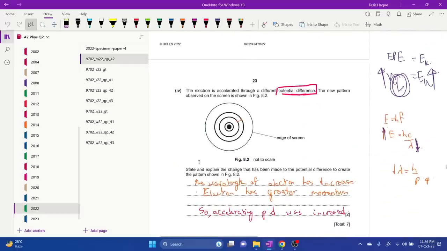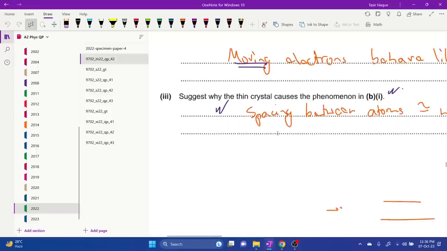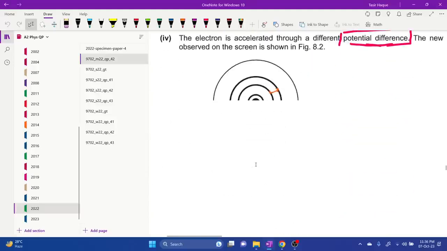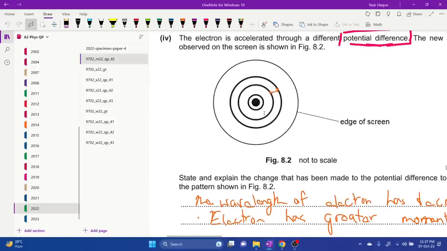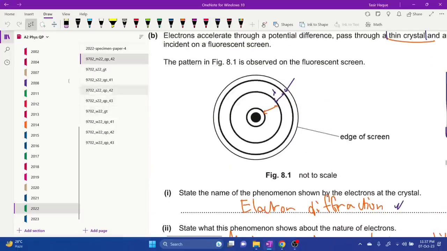Yeah, this one over here. It's got this pattern. Beforehand, we had a pattern like this, but now the gap between the concentric rings is much smaller. Okay, so that's the general idea.